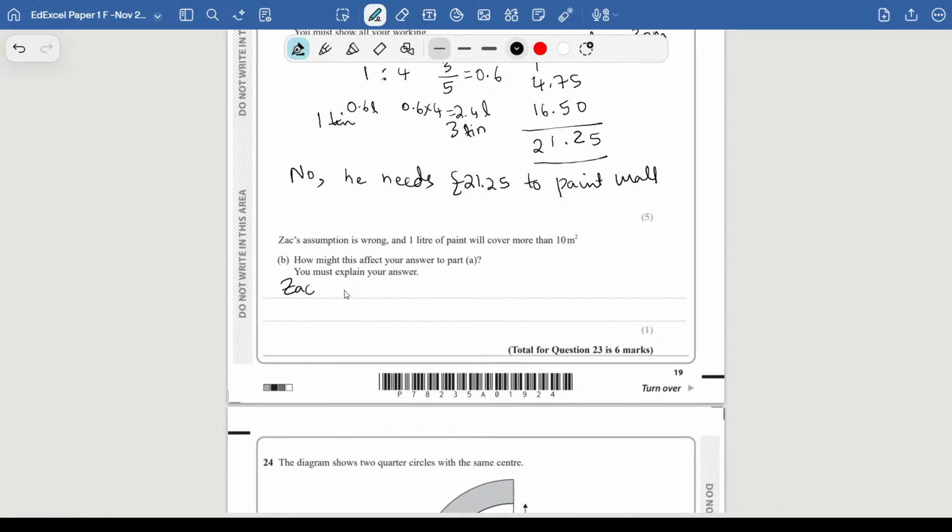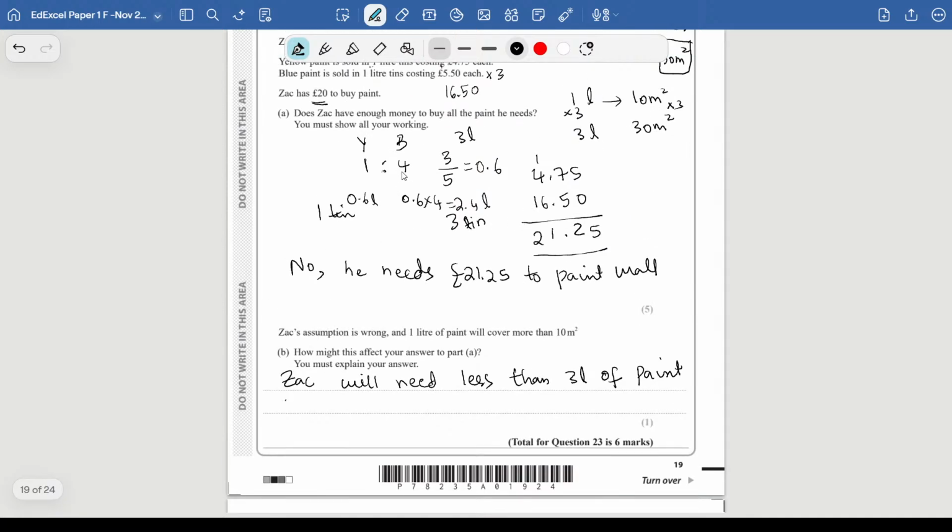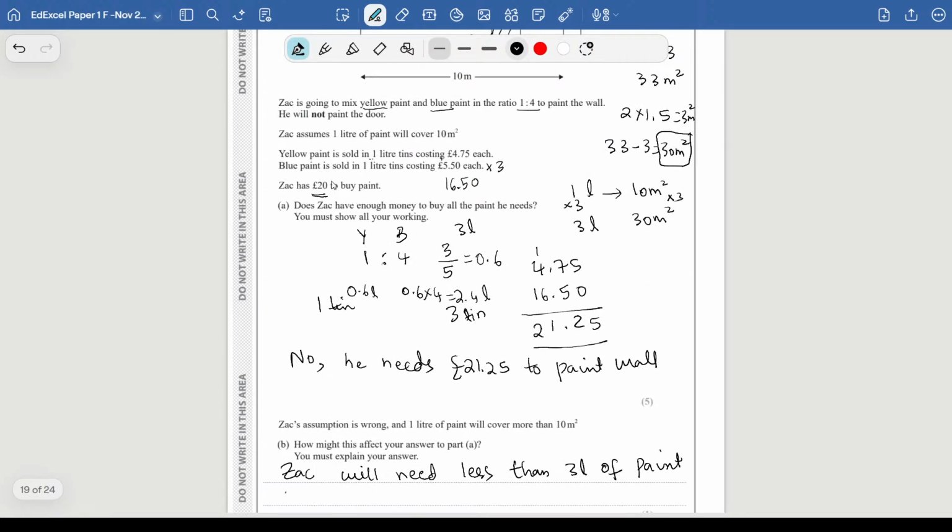Zach will need less than 3 liters of paint, but we don't know what the exact value he will need. So we cannot say for sure whether his 20 pounds will be sufficient or not.